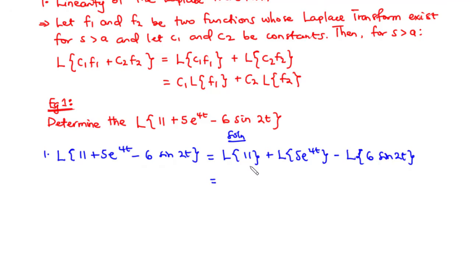Obviously it's a constant. We know that 11 times 1 is still 11. So we are going to pull 11 out because it is a constant, and then we have the Laplace transform of 1, plus here we are going to pull out 5. We have the Laplace transform of e to the power 4t, minus, we pull out 6, we have the Laplace transform of sine 2t.